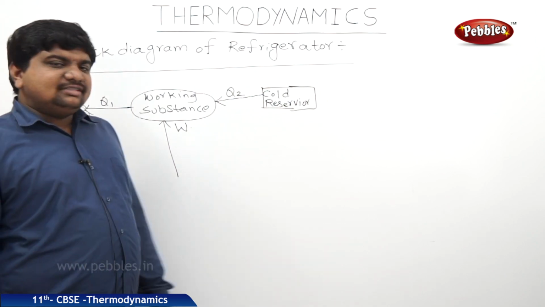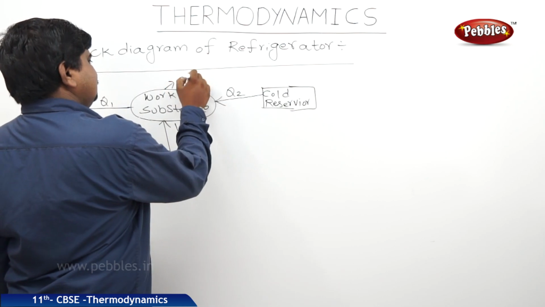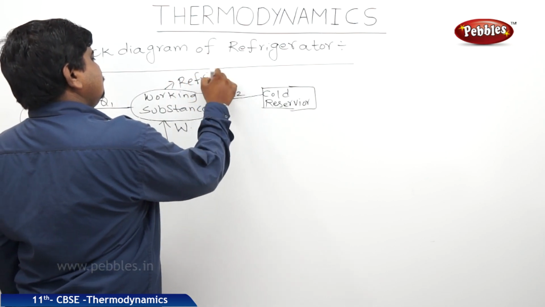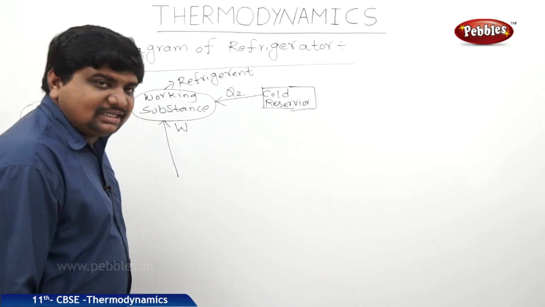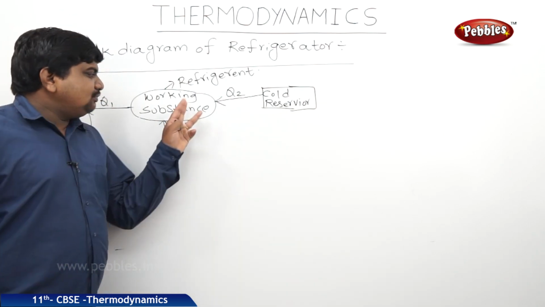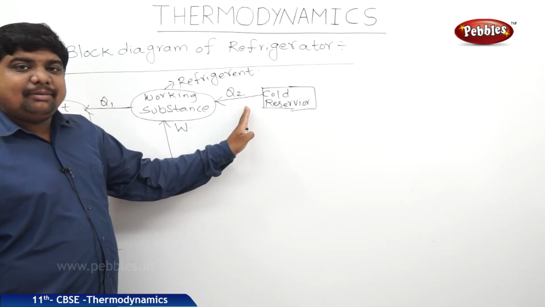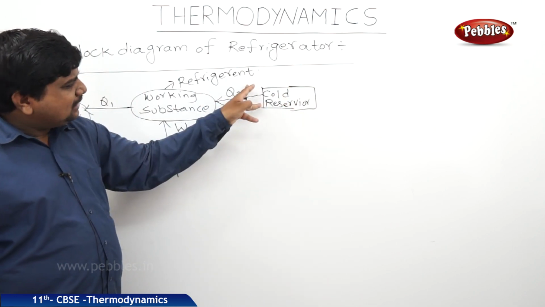The working substance of the refrigerator is called the refrigerant. So what is the functioning of the refrigerator? How does it operate in the reverse way? This working substance receives some amount of heat energy from the cold reservoir which is at low temperature T2.